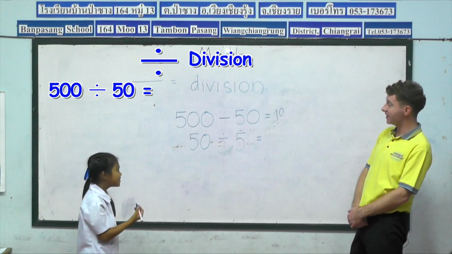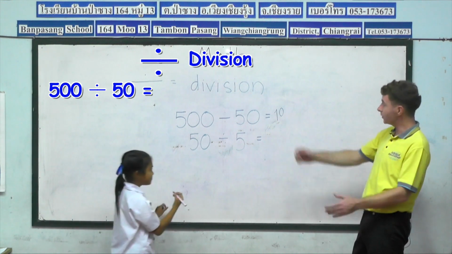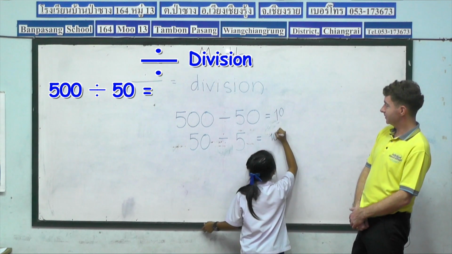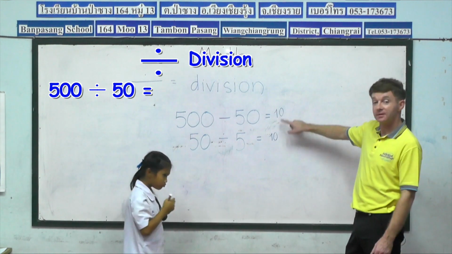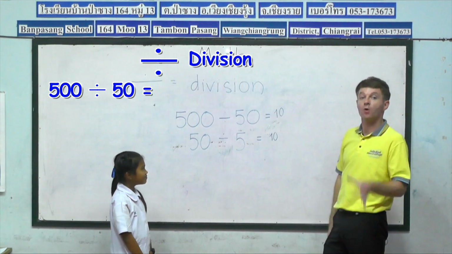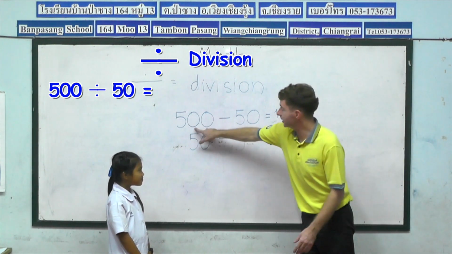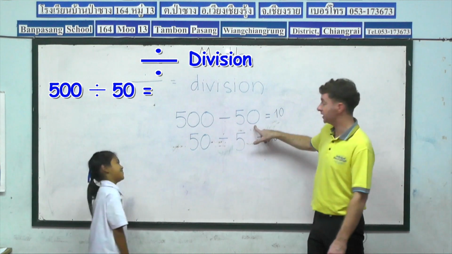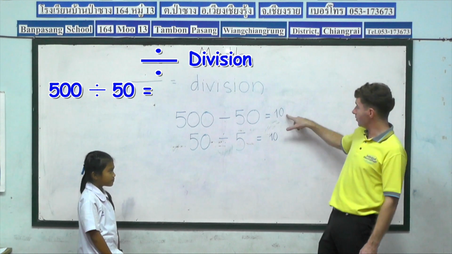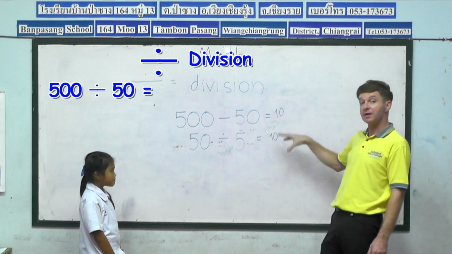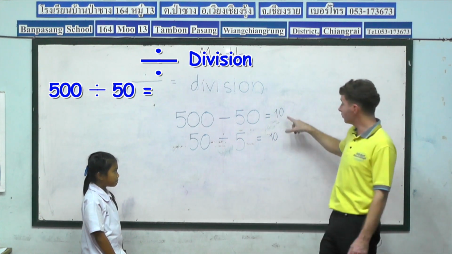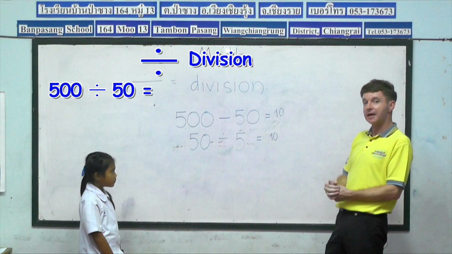So 50 divided by 5 also equals 10. Notice how the answer stays the same because the relationship between the zeros also stays the same. Here we have one more 0 than here. And it's the same relationship in the next answer. So when we examine the relationship between the zeros when dividing by multiples of 10, we can work out the answer without having to do the calculation.